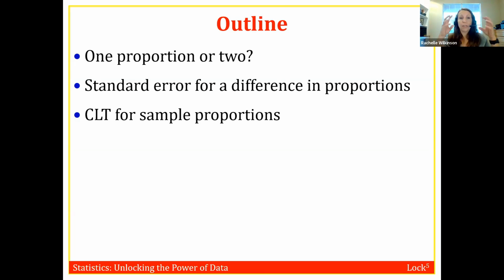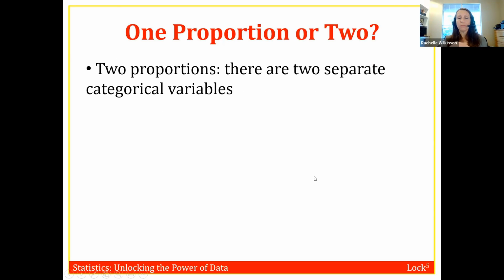So sometimes people think, oh, I must be talking about 2 proportions because I have these 2 answers. But the difference between a 1 proportion problem and a 2 proportion problem is the actual number of variables that we are measuring on each individual, on each case.